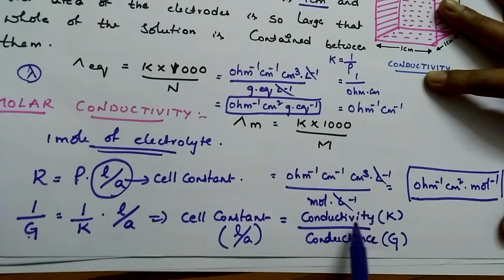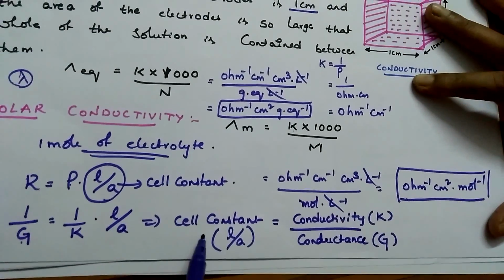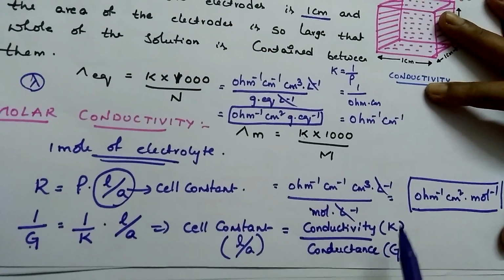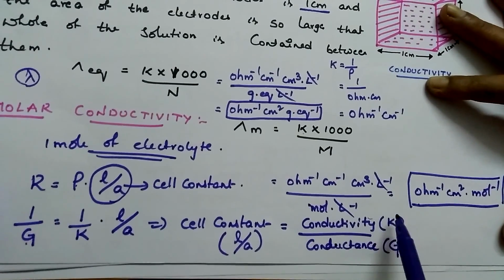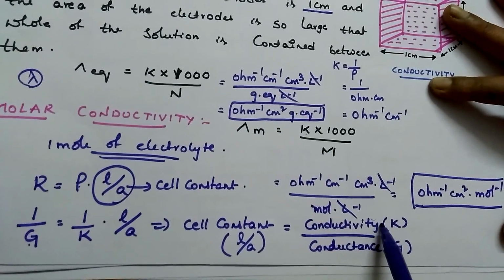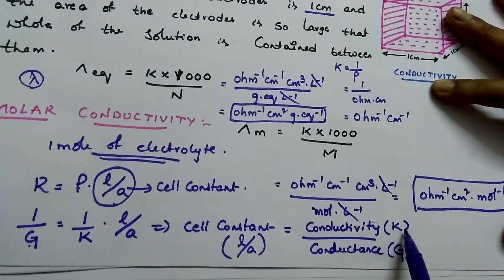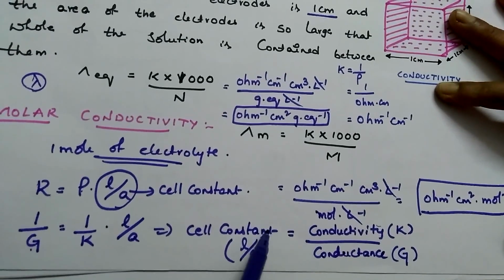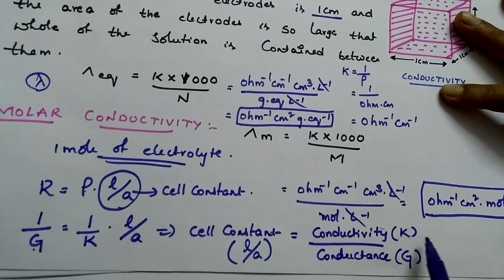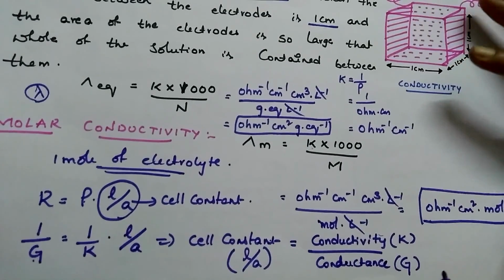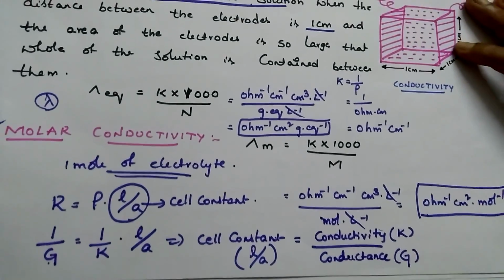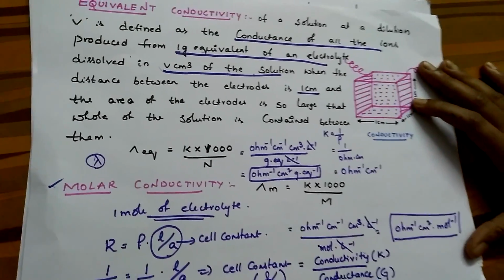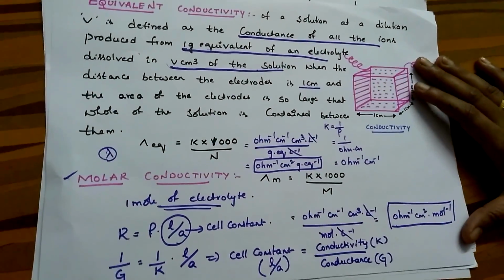Sometimes they ask you to find conductivity. Conductivity is nothing but the specific conductance K, which is equal to cell constant into conductance. If these two values are given in the question, you can find the conductivity. These are very useful formulas and their units, which are useful for your competitive exams a lot.